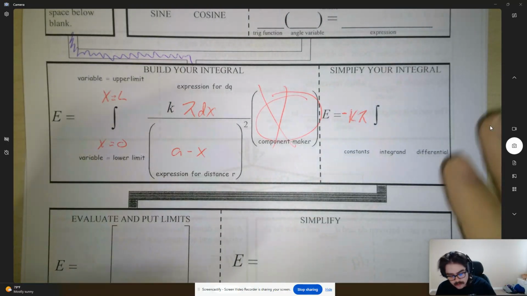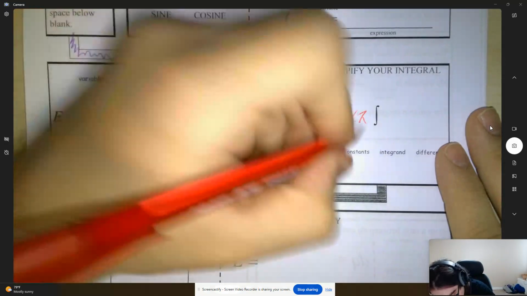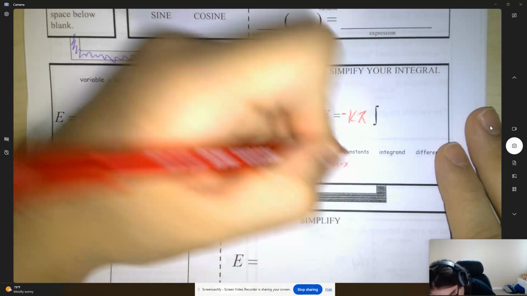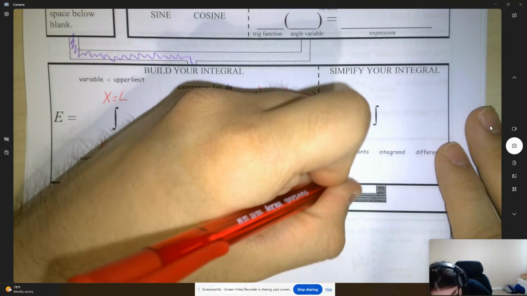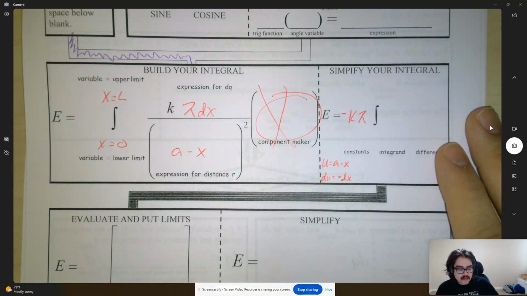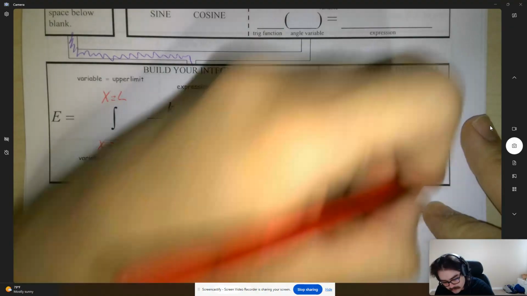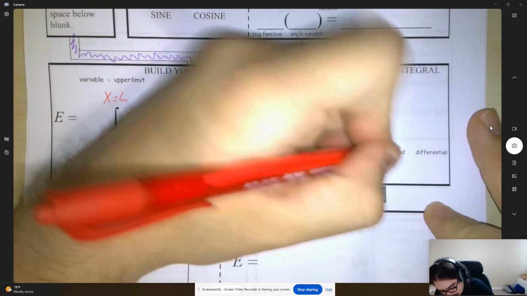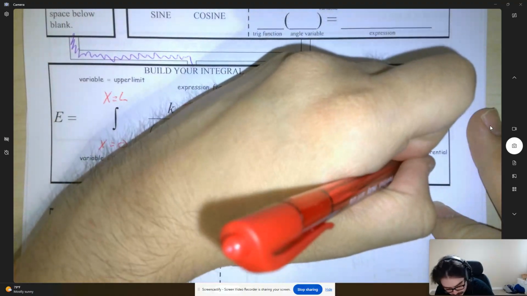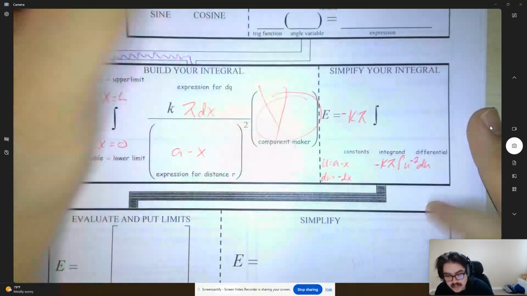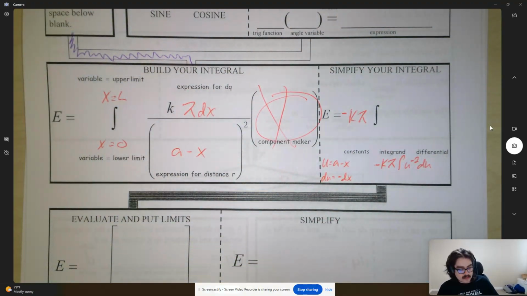So u is going to be equal to a minus x, and then du would have to be equal to negative dx. And so then that would end up giving me negative k lambda integral of u to the negative second power du, and then I can integrate that really easily.